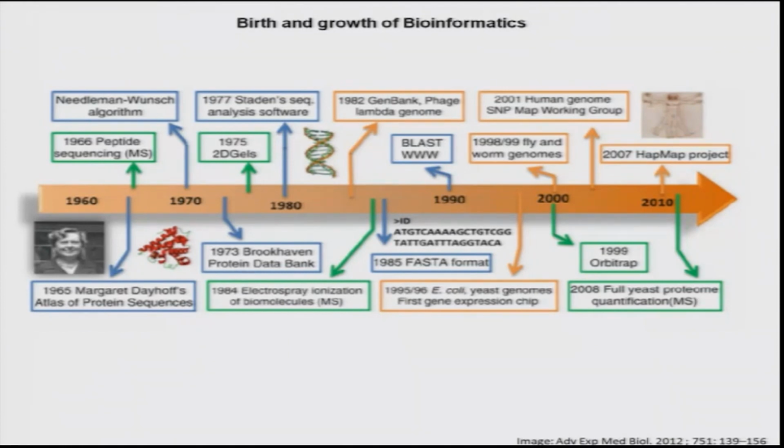And then of course you have 1982 GenBank and so on, the first phage, lambda phage genome, was sequenced and so on. From there you have a wealth of data that is more genomic, whether it is from Drosophila or human and so on.